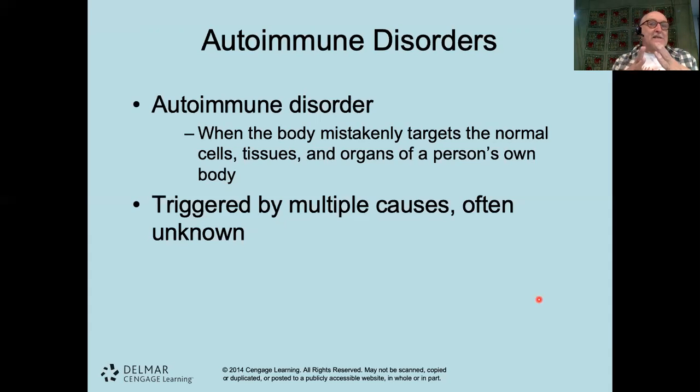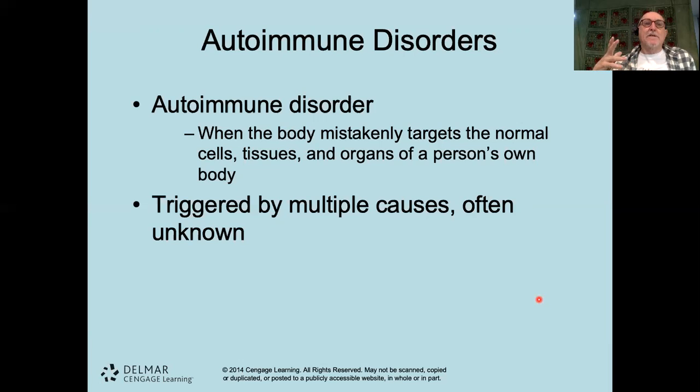But in some cases, for some reason or another, it begins to go wrong. And it can start to attack our own cells, the cells of our own body. We do not understand why. It is not clear. There seem to be several possible causes.